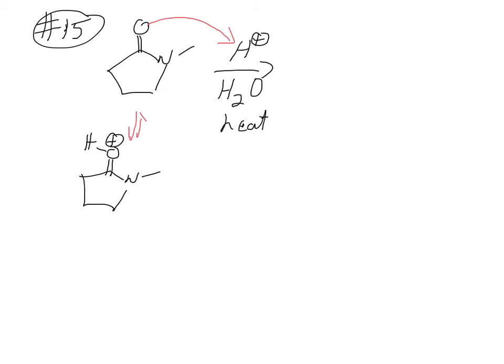That's one of the two things we ask ourselves when we're thinking about reactivity: how good a leaving group does it have, and how delta plus is this carbon in this carbonyl? So now we've made this carbon that much more electrophilic, delta plus. So now water can come along and act like a nucleophile and do that addition step.